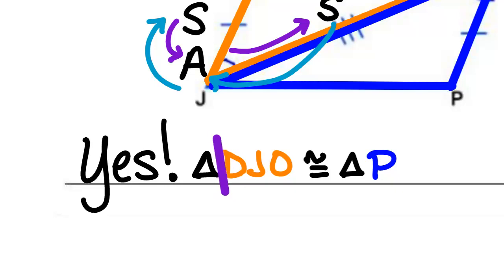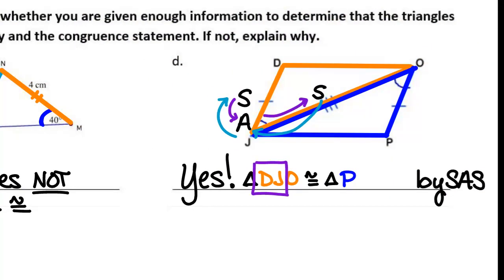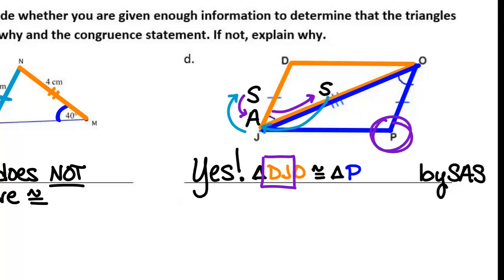It went D and then J. So P, let's see, D and then to J. That's a side that's been marked with a congruence mark, right? So I have to make sure that I go from P and follow along the side that has that congruence mark on it. So that would take me from P to what? P to O.